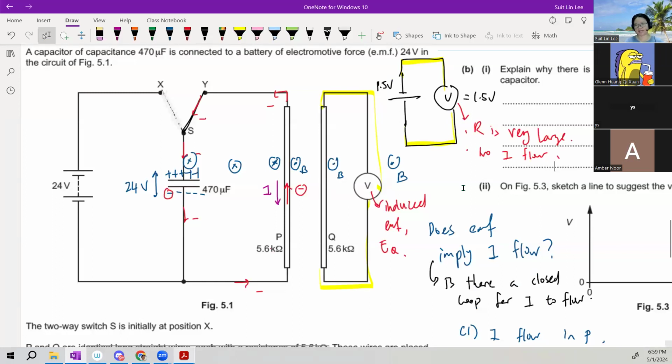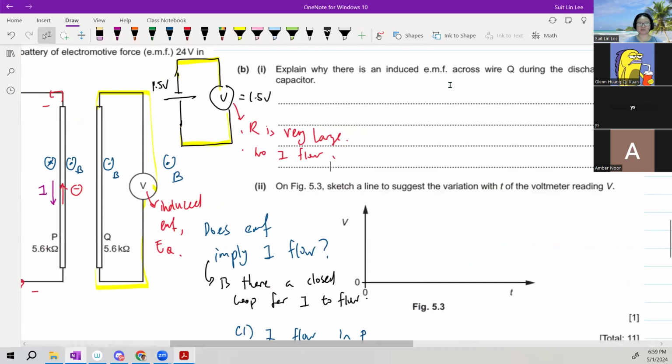Yeah, you're right. So it's like a battery. There's no potential difference across Q. But then sometimes I can just say that this induced EMF is the potential difference across Q because this is strictly speaking not a battery.